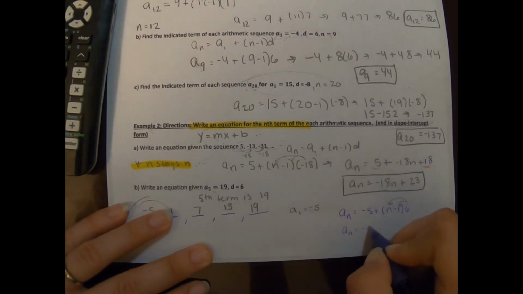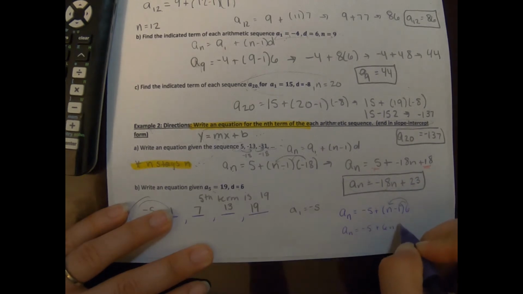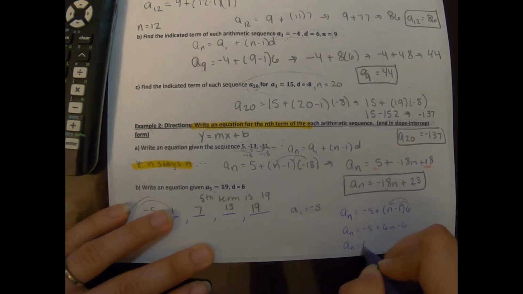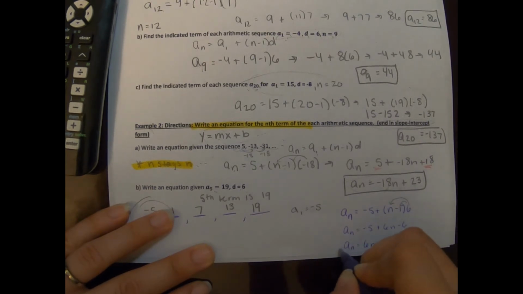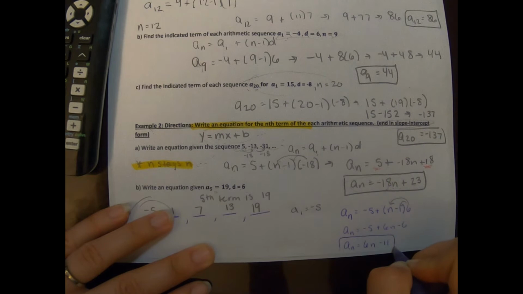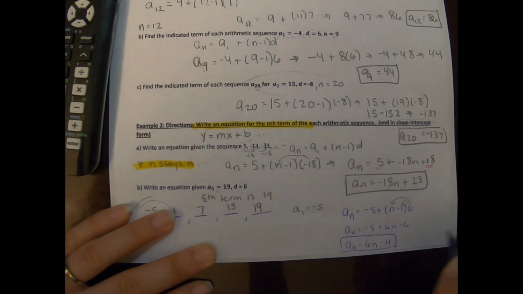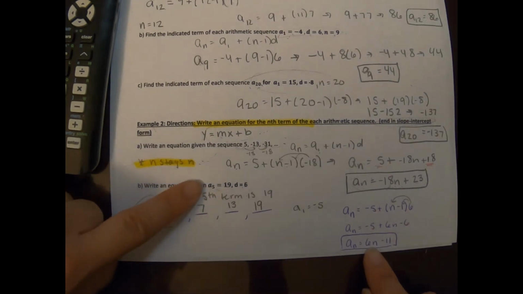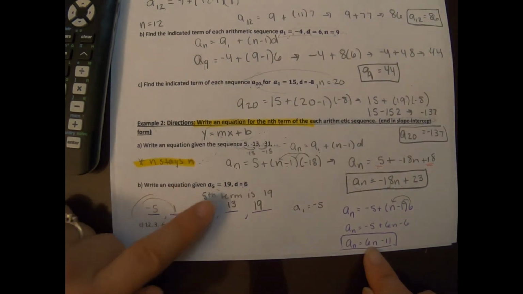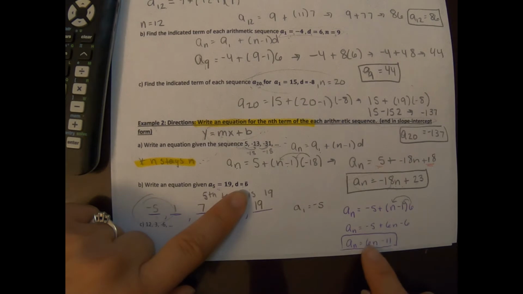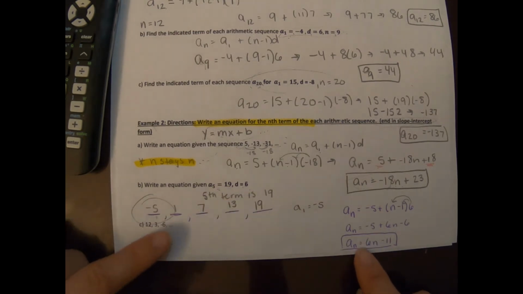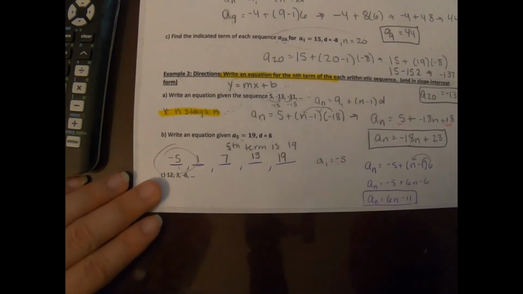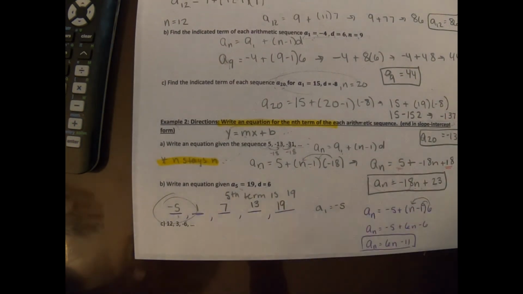Our nth term is going to be -5 plus 6n minus 6. We're going to combine the constants. 6n minus 11 is our equation for this sequence. And we weren't given a lot of information. We were just given the fifth term and the common difference, but this equation models the sequence that has this data. Okay, last one on this page.